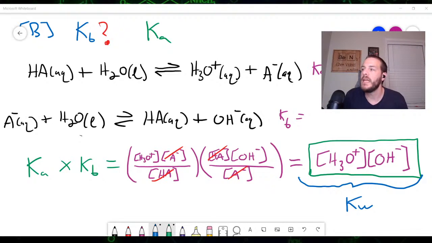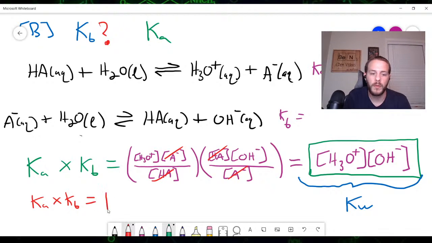So we have just derived a very, very important relationship between Ka and Kb, which is that the product of Ka and Kb is equal to Kw. And Elvira also pointed out in the chat, thank you for your participation, that the value of Kw is 1.0 times 10 to the minus 14.